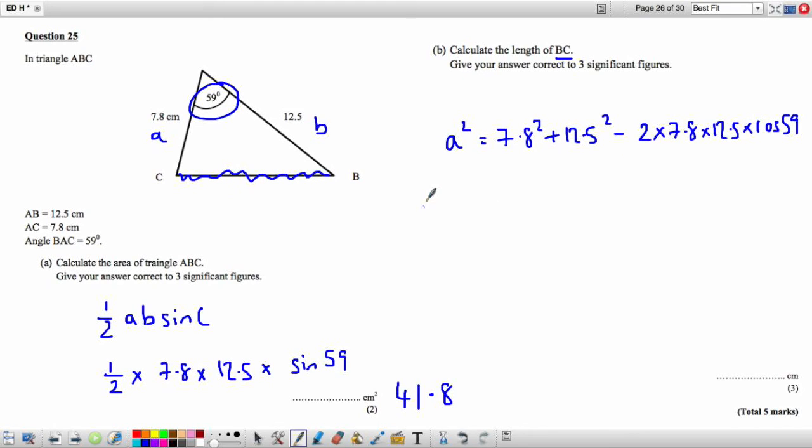Bring that all into your calculator, gives you a squared equals 116.6575. Square root gives you a equals 10.8, correct to 3 significant figures.